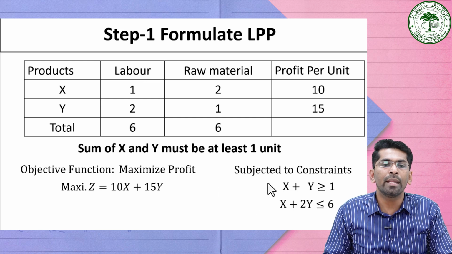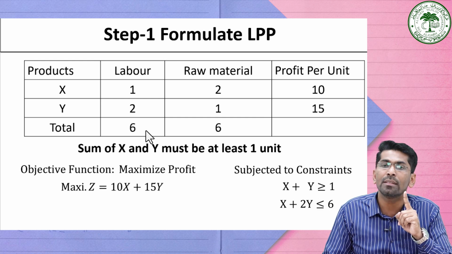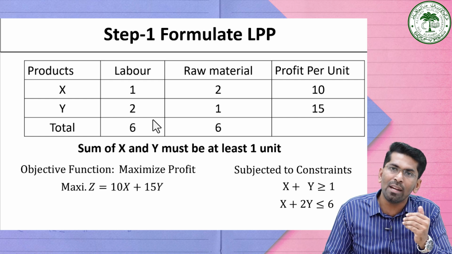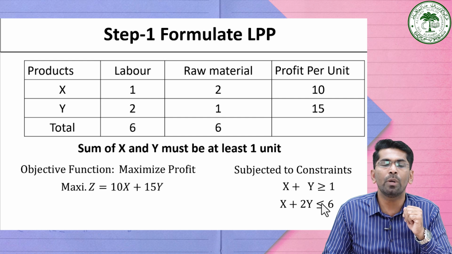So I am writing X plus 2Y, which is less than or equal to 6. Why am I putting less than or equal to? Because the maximum availability is 6, not more than that. So it is equal to or less than 6.